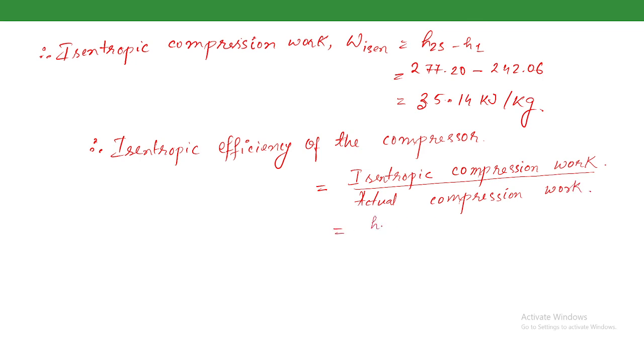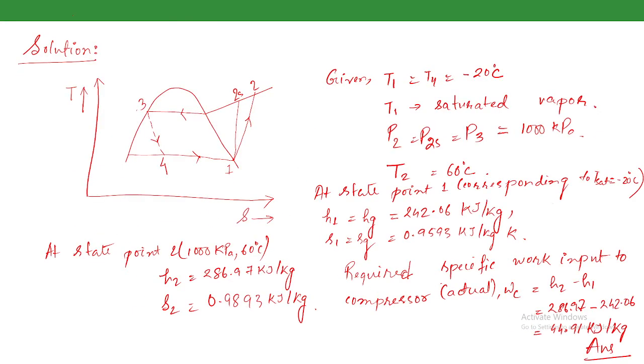The isentropic compression work is H2S minus H1, and the actual compression work is H2 minus H1. So you see that H2S minus H1, that value will be lesser than this value.